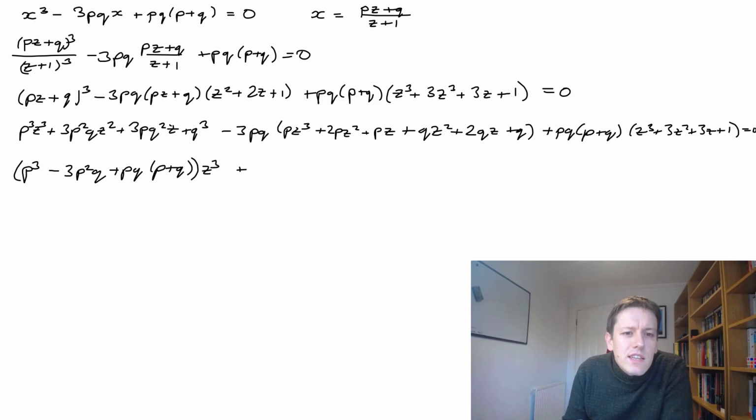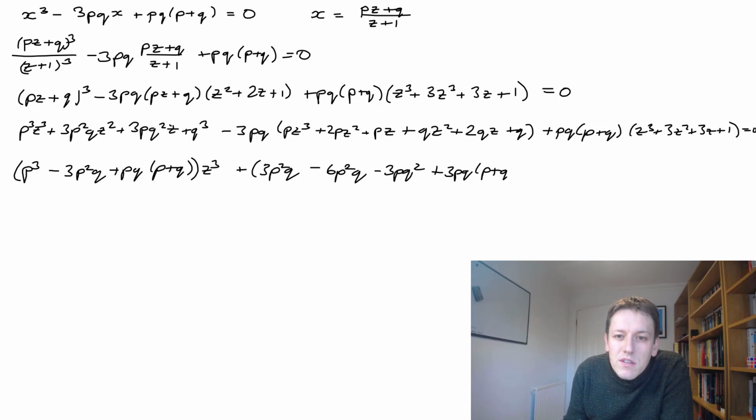Then for the z squared terms, we start with a 3p squared q, and then in this second bracket here we've got a minus 6p squared q, and I've also got a minus 3pq squared from this term, and remember I'm going to multiply by the minus 3pq, and then we're going to get from the final term plus 3pq times (p + q), and that's z squared.